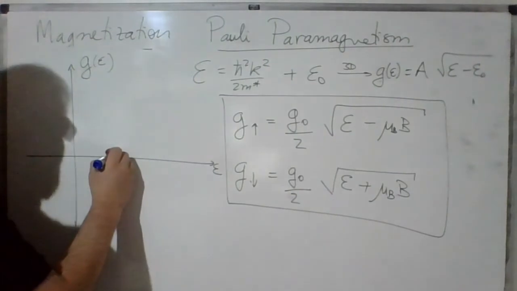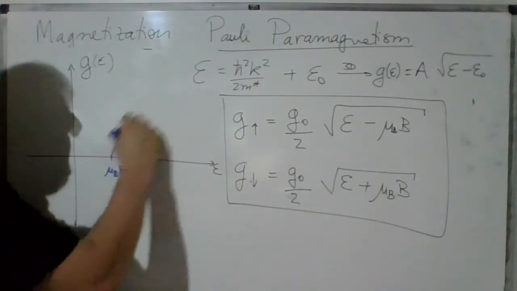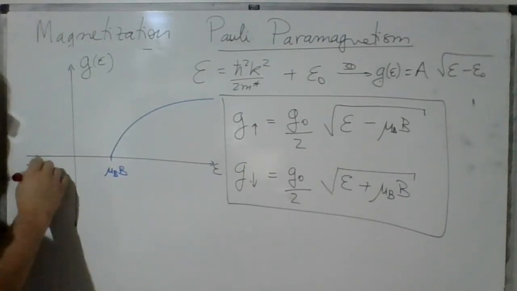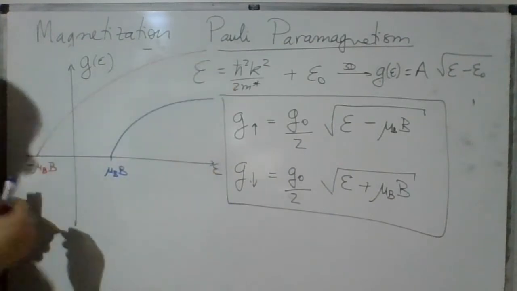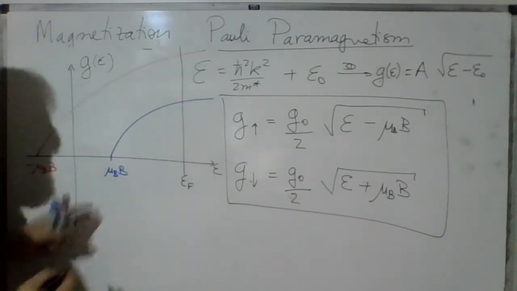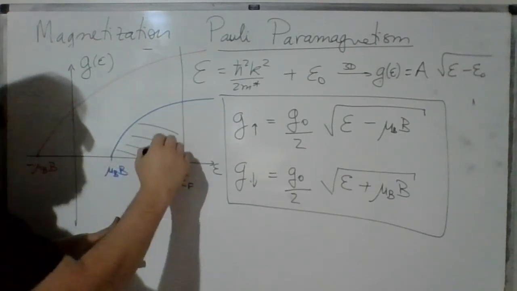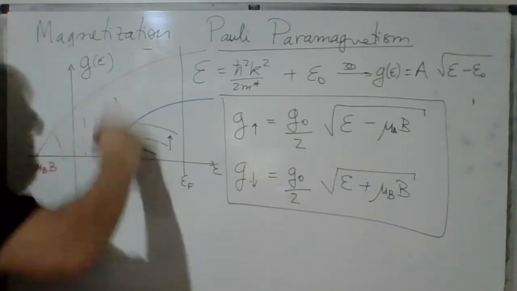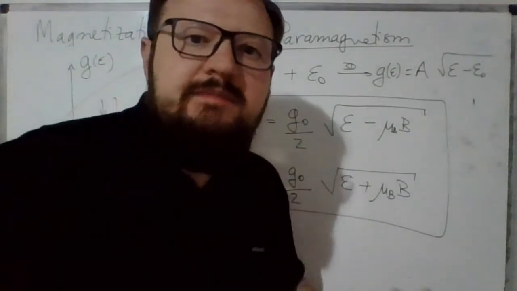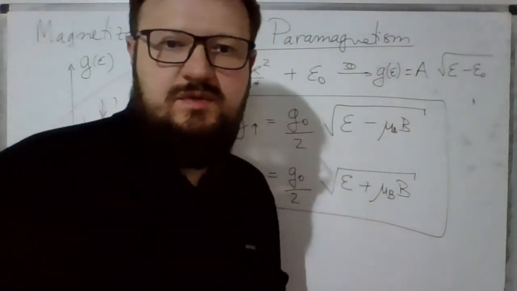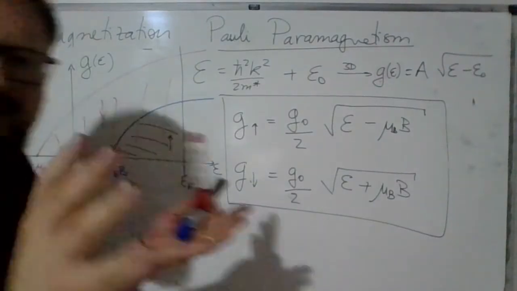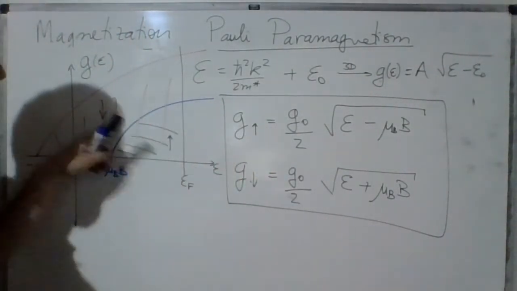So the up spin starts at the Bohr magneton times B, and the down spin starts from here, minus the Bohr magneton times B. If you look at this picture, with the Fermi level here, it is clear that the down spins are the majority, because the difference between this area and this area corresponds to the difference between the number of particles with down and up spins.